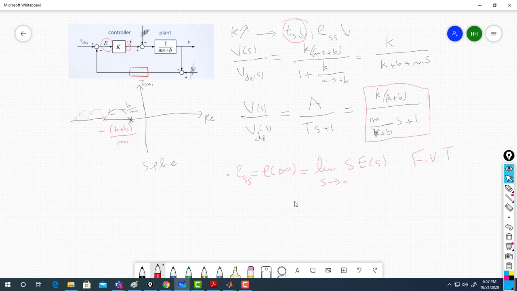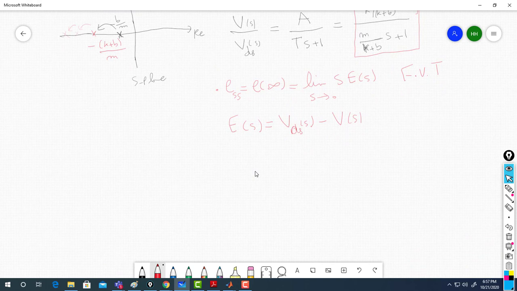Then what's E of s? E of s is equal to V desired of s minus V of s, the velocity in this case, taking n equals 0 of course in this exercise.